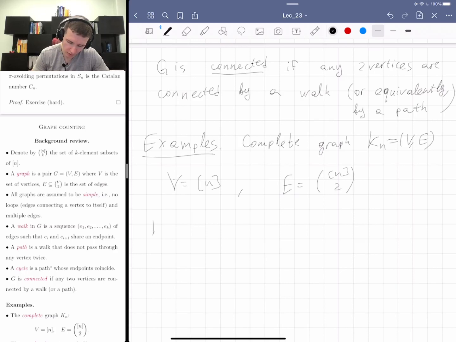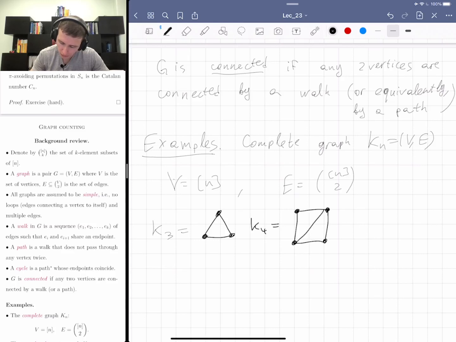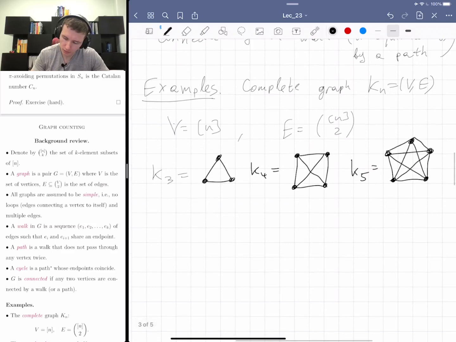So maybe K3 is a triangle, K4 is a square with the two diagonals, K5 is the pentagon with a star inside of it, and etc.